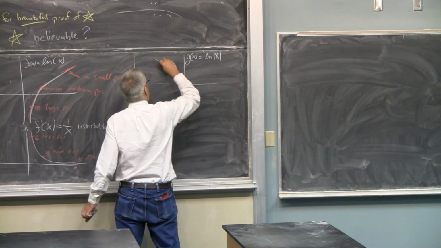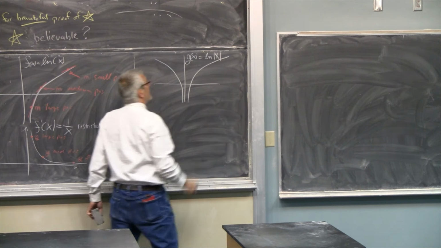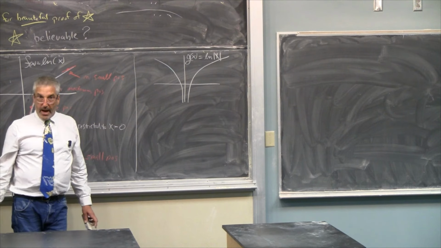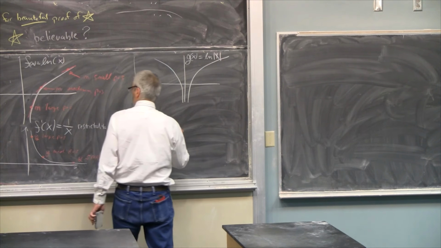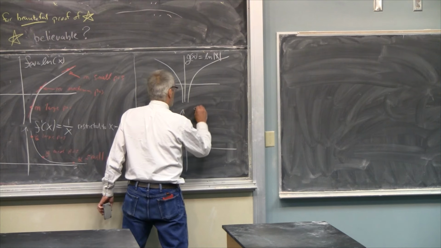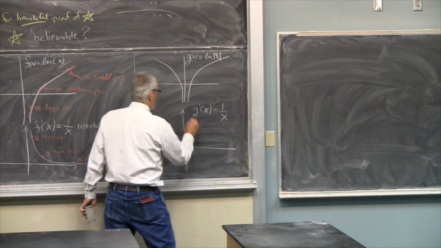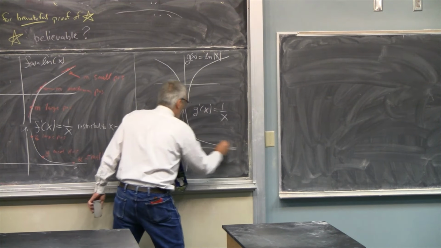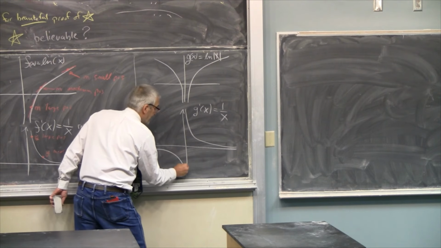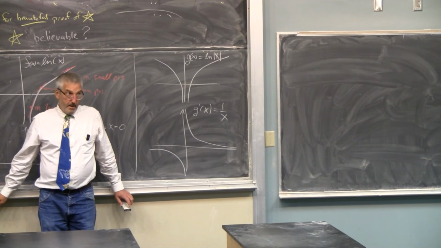That's going to look just like that graph, but it's also going to have a mirror image. And if we draw g prime, g prime is 1 over x, and it's not restricted. There is a left side on this graph.